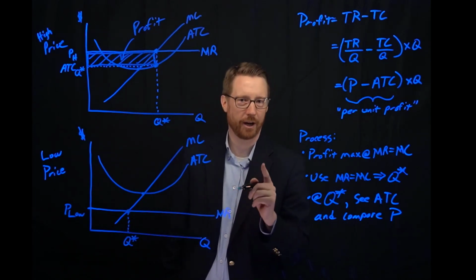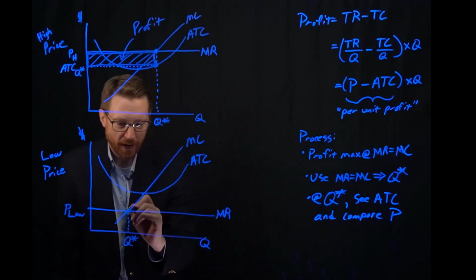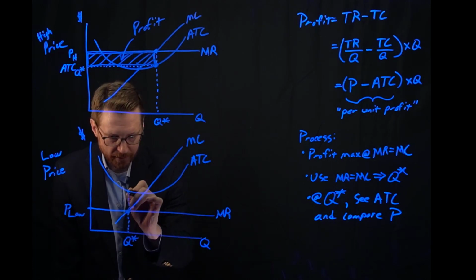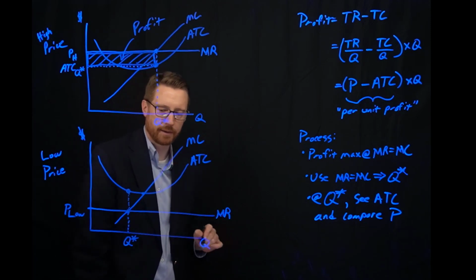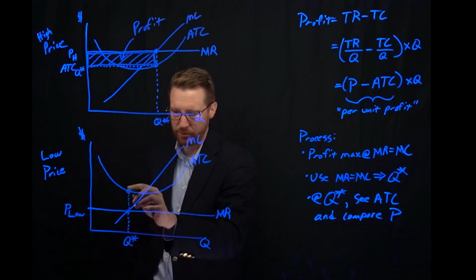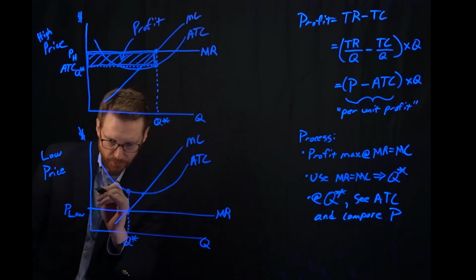And right away we go, uh-oh, we got a problem. So at Q star, where are their average total costs? It's up there, right? So what's the average total cost if they're producing Q star? It's this point.